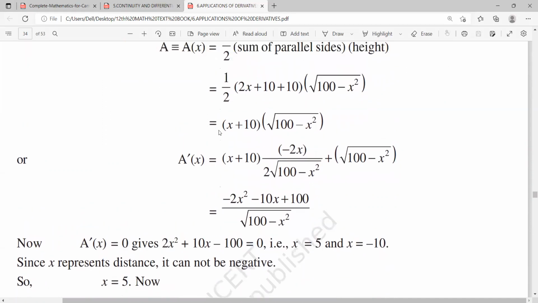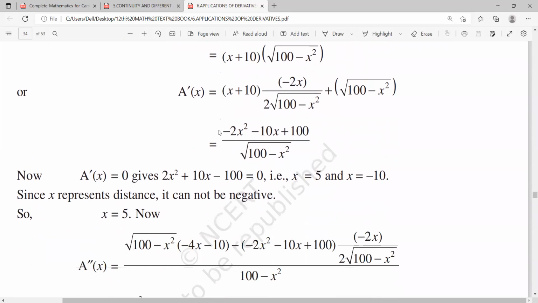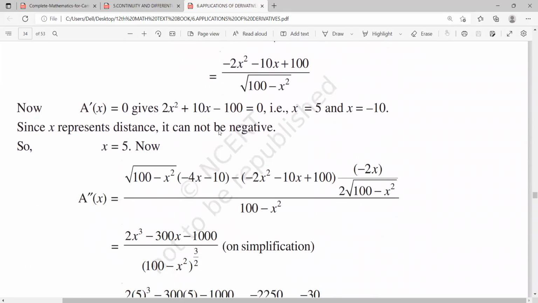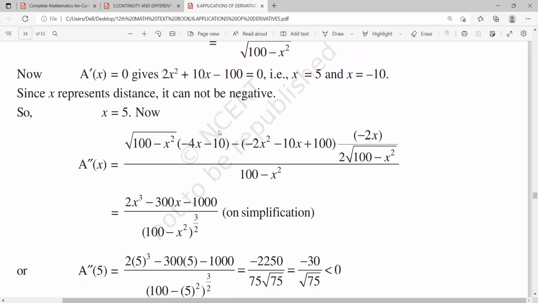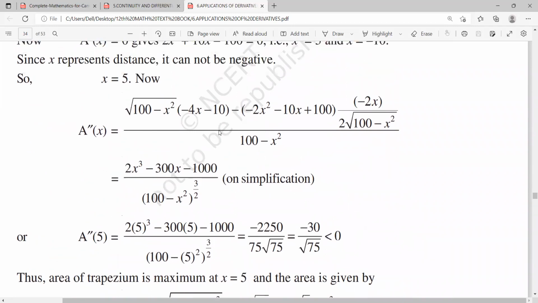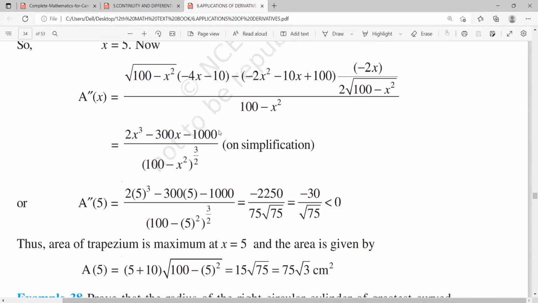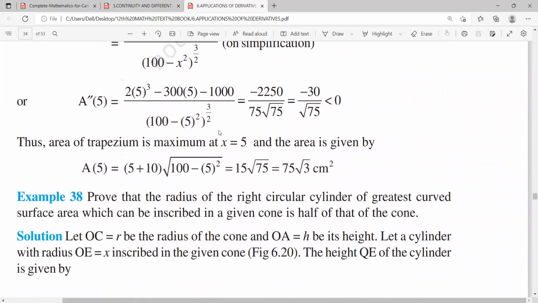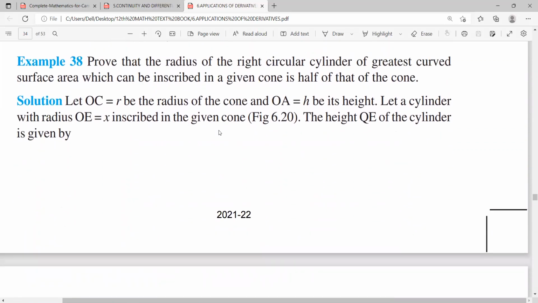Ax you got the same thing, area function you got the same thing, but if you do this directly, then the root will come in the denominator. That makes the question complicated. See, x equal to minus 10 is not possible, so x equal to 5 is okay. X is 5 you got, but double differentiation, see how complicated it is. Very complicated double differentiation. Yes, sir. That's the reason we square on both sides. It makes it easy.